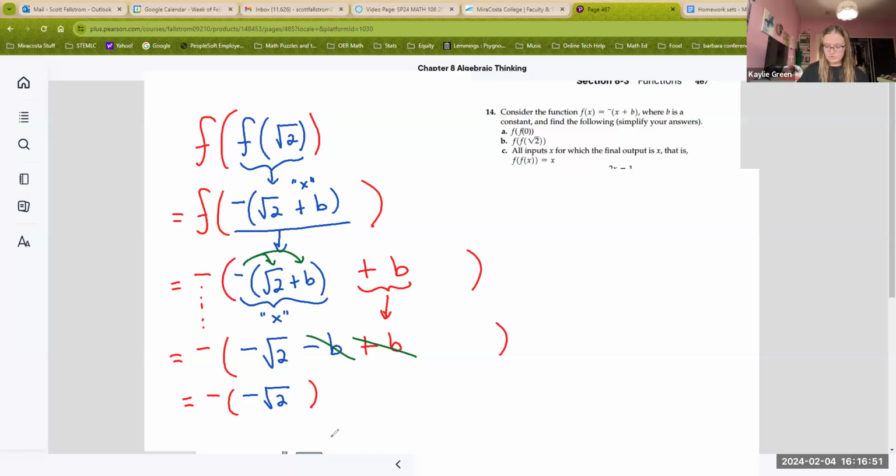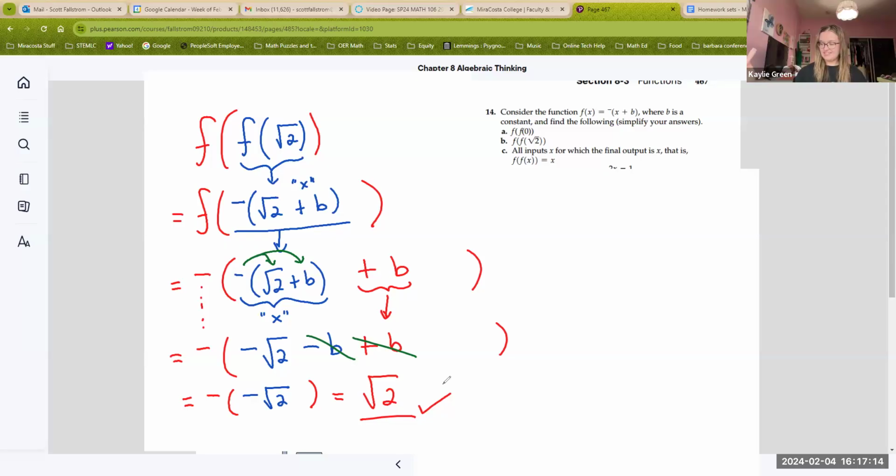So that means it's going to be the opposite of negative square root of 2, which would be positive square root of 2. Done.